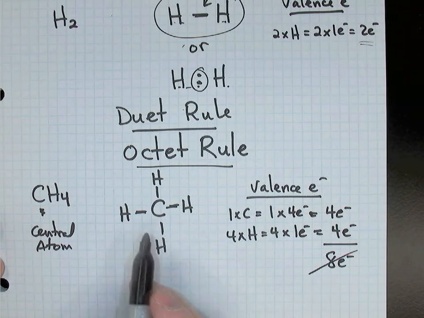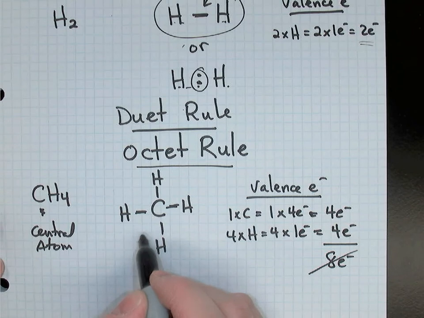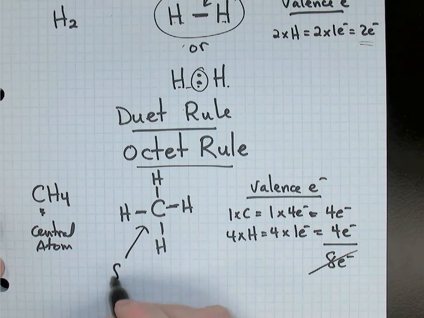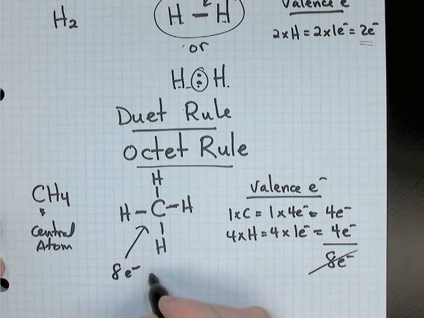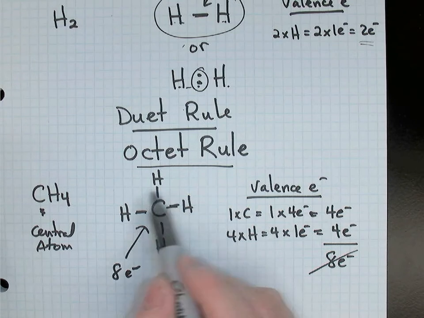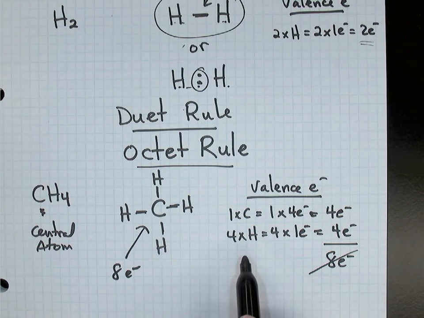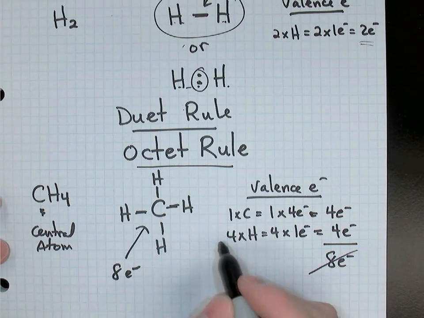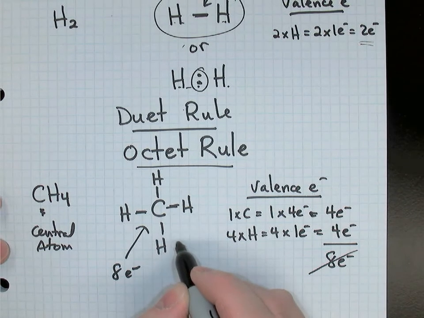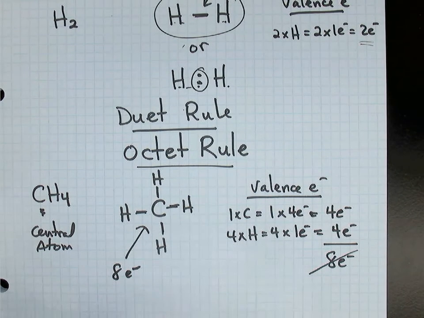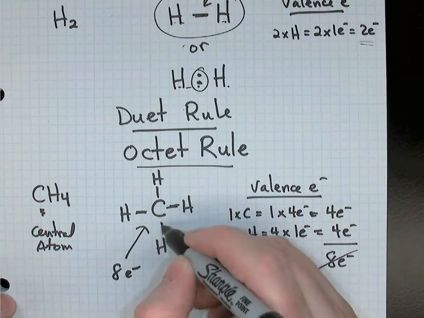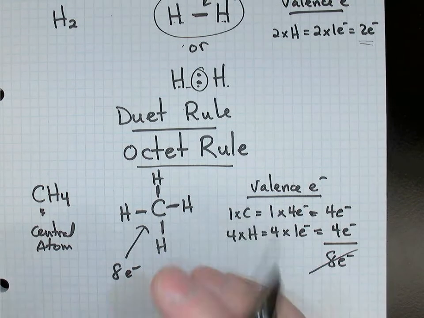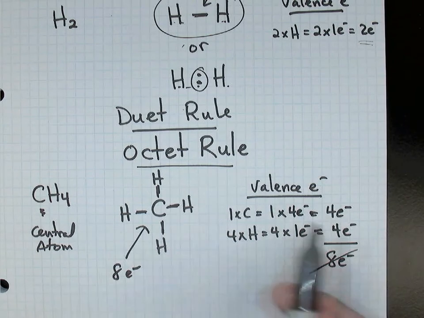So in doing so, notice that the carbon atom now has 8 electrons surrounding it. It's got 4 bonds, each of which has 2 electrons. So that means the carbon atom is obeying the octet rule. The hydrogen atoms, though, have only 2 electrons in each bond. So for each of the hydrogen atoms, they're still obeying the duet rule.